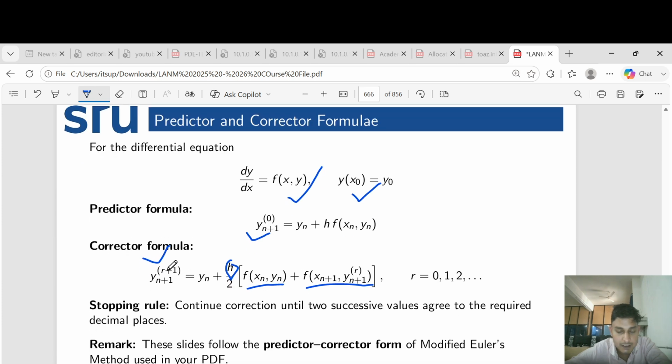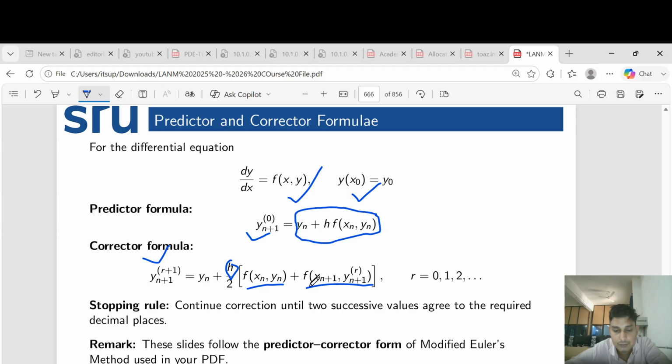If we put r = 0, then y(n+1)^(1) = yn + h/2 [f(xn, yn) + f(x(n+1), y(n+1)^(0))]. So y(n+1)^(0) means that numerical value.